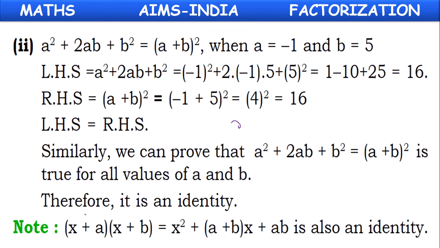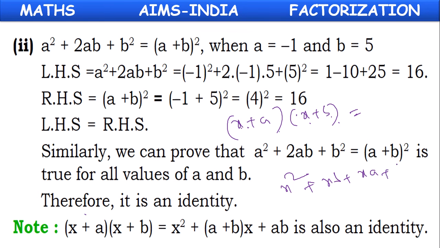Or this one, suppose you have (x plus a) into (x plus b). If you multiply, x into x is x square, x into b is xb, a into x is xa, a into b is ab. So x square plus, in these two terms, if you take x as common, you get (a plus b) x plus ab.